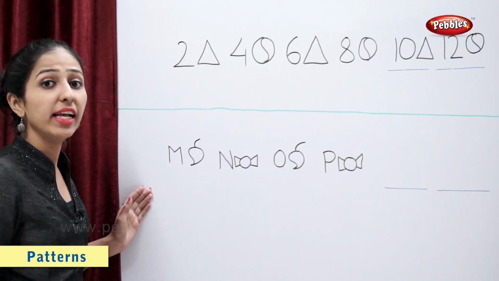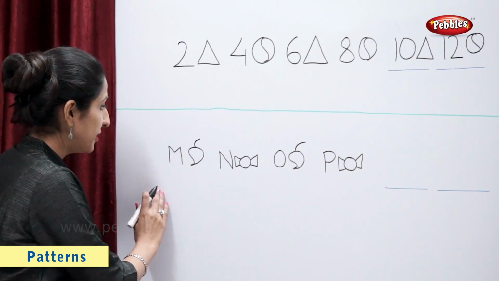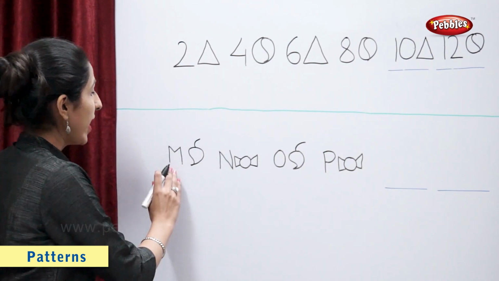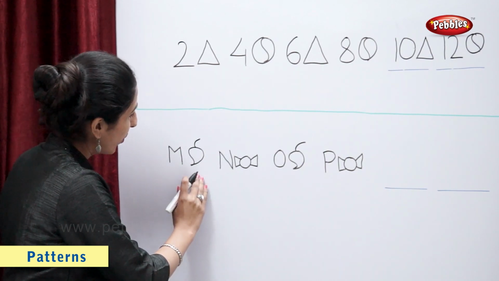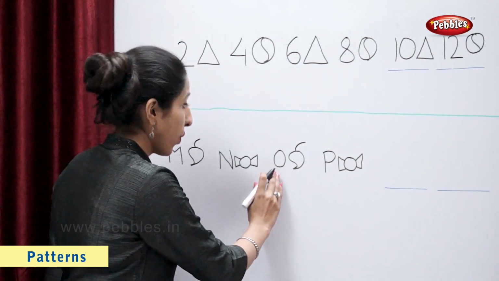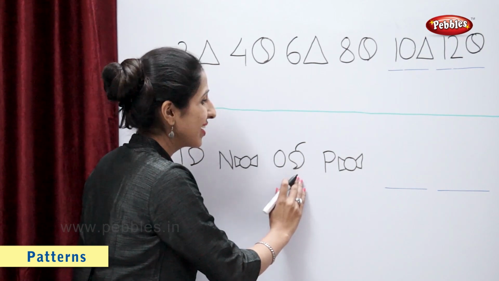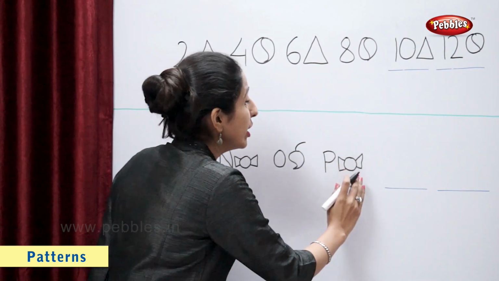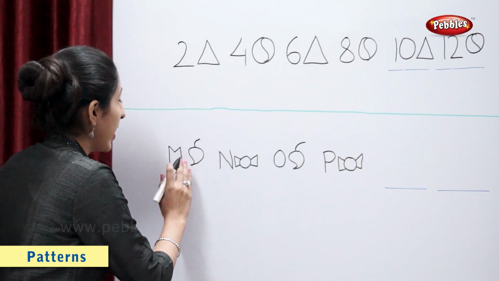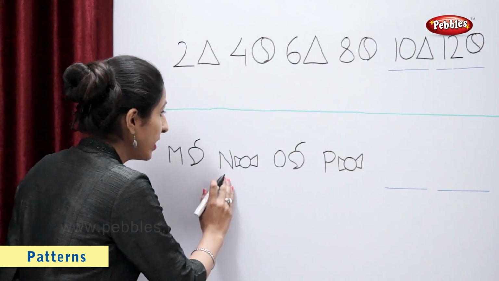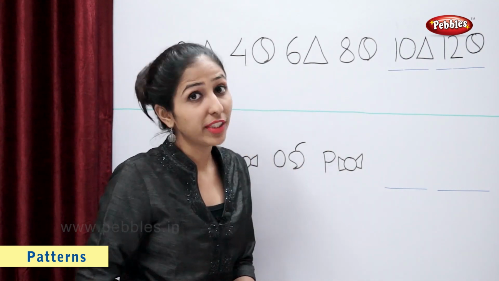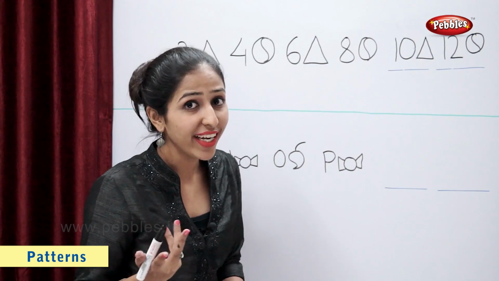This example is a combination of letters and figures. We have M, mango, N, toffee, O, mango, P, toffee. So we have letters M, N, O, P. So tell me, students, which is the next letter?